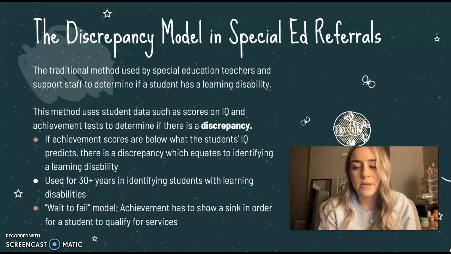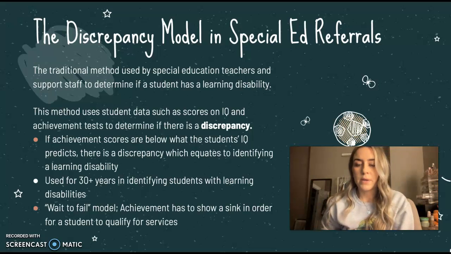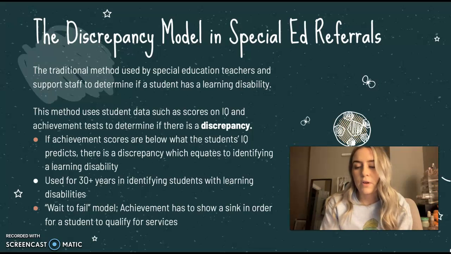This method has been used widely throughout special education referral processes over the last 30 years in identifying students with learning disabilities. This is more of a wait-to-fail model. In order for a student to qualify under the discrepancy model, there needs to be a sink or a dip in their achievement and their test scores.